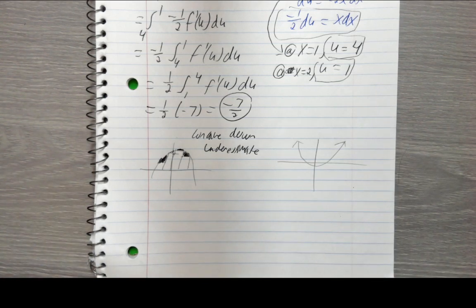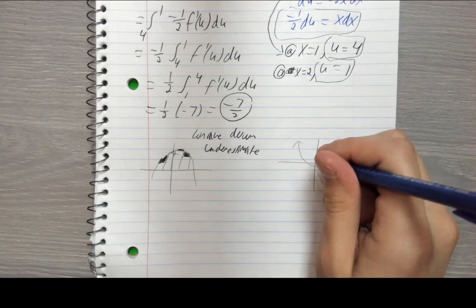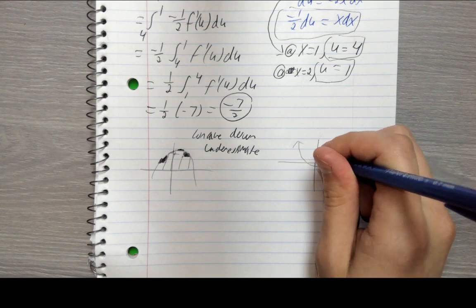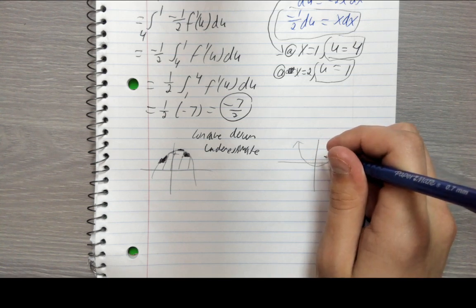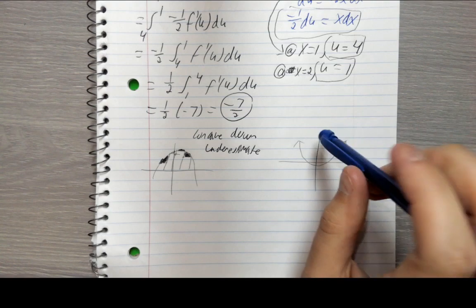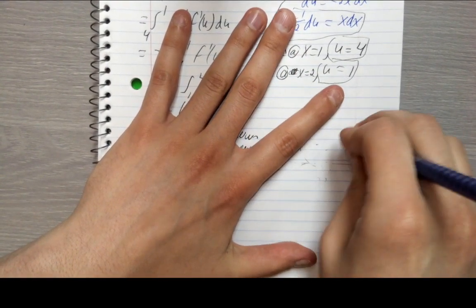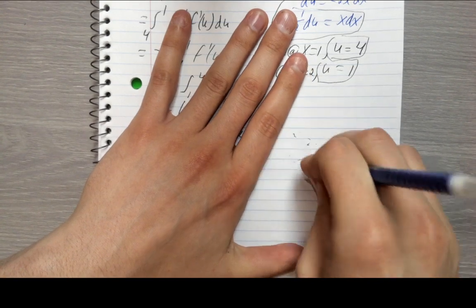But you would be drawing this a little bit differently. So in this case, it's really hard to do, this is not a good graph. Let me just do part of that graph.